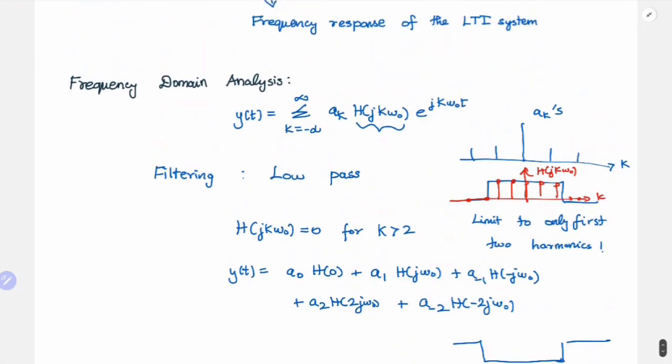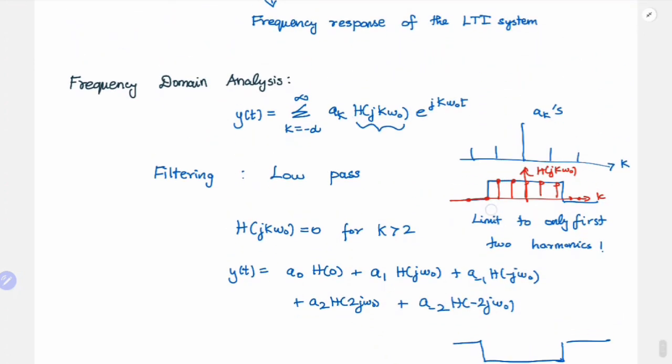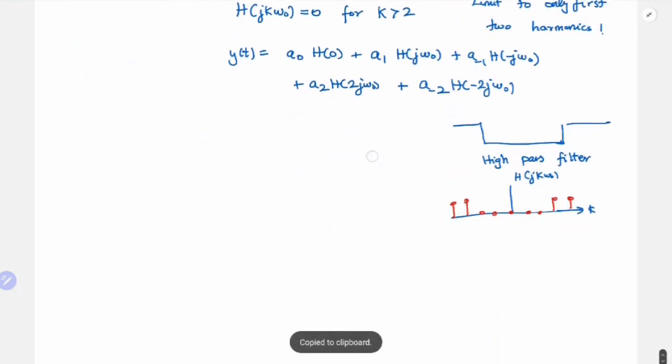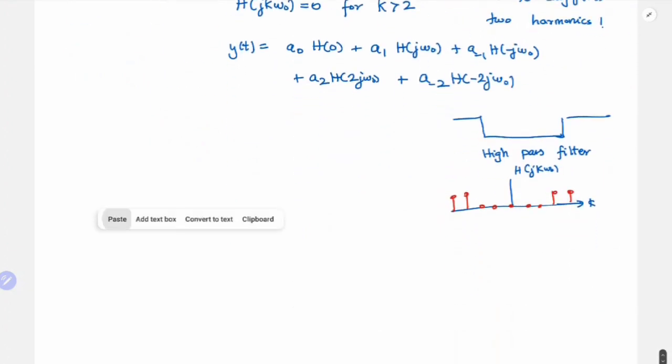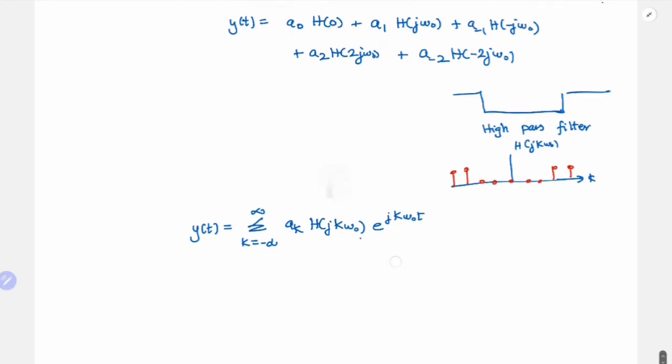And let's say we don't want to modify the magnitude, but we want to modify the phase. Then what do we do? So we again have this. Since h of jk omega naught is a complex number, we can write it as having a magnitude and a phase.